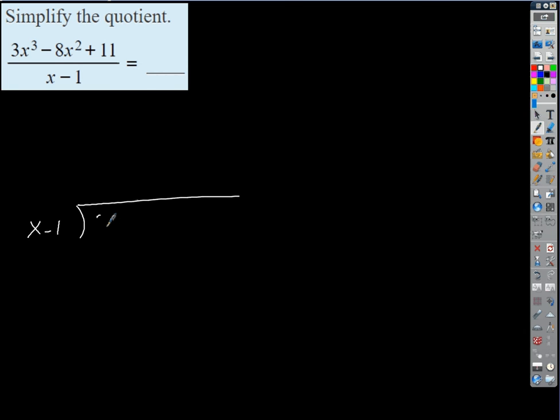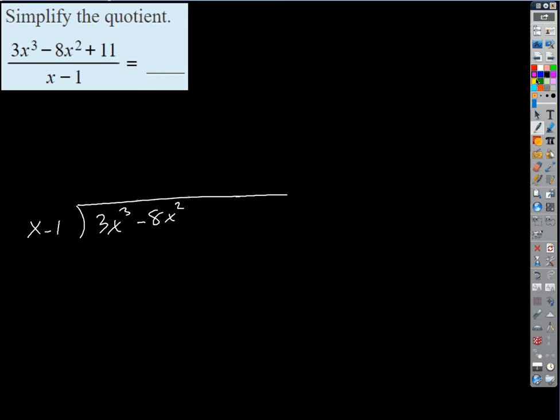So what am I going to write in here? 3x cubed minus 8x squared. What comes next? Plus 11. Okay, but I'm missing the x term, aren't I? There's no x term, so what must the coefficient of x be?